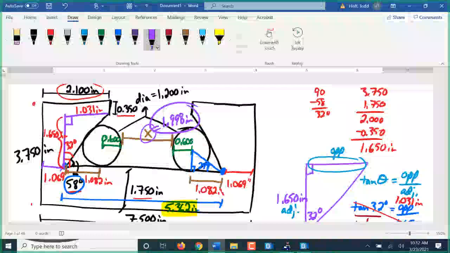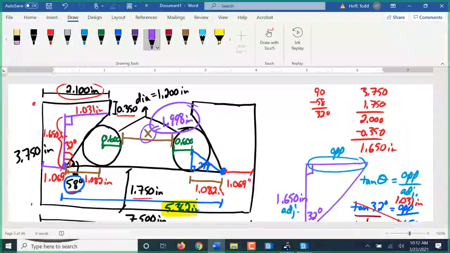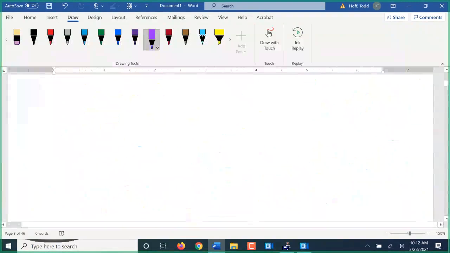It's a lot of digging to find our missing triangles. And that is probably the most difficult part of any of these applications, is digging to find those missing triangles. Look at one that's even a little bit more complex.